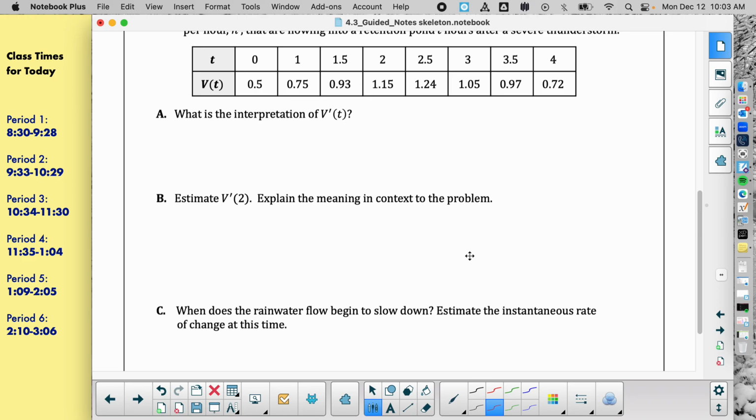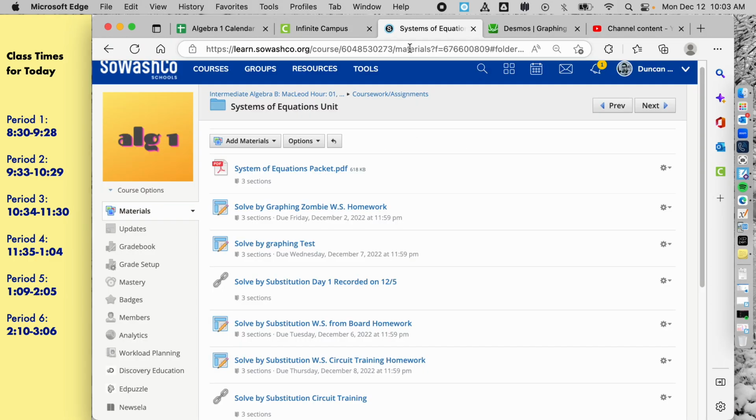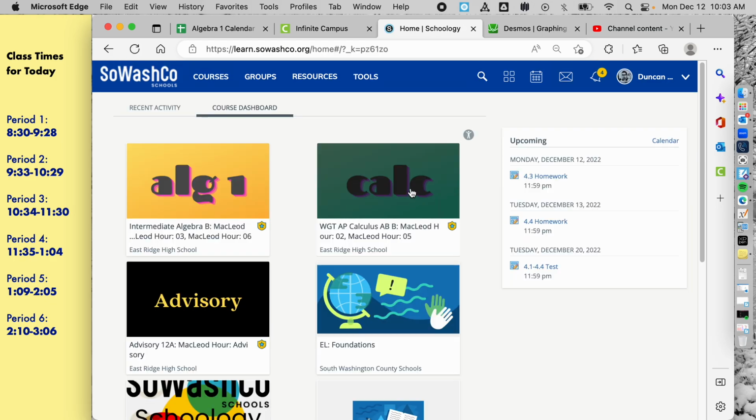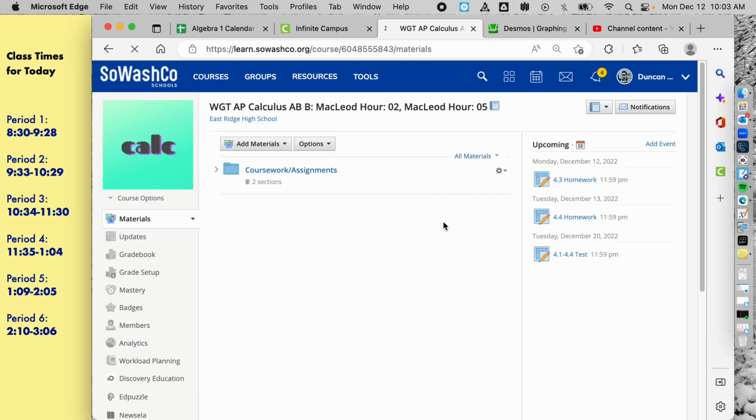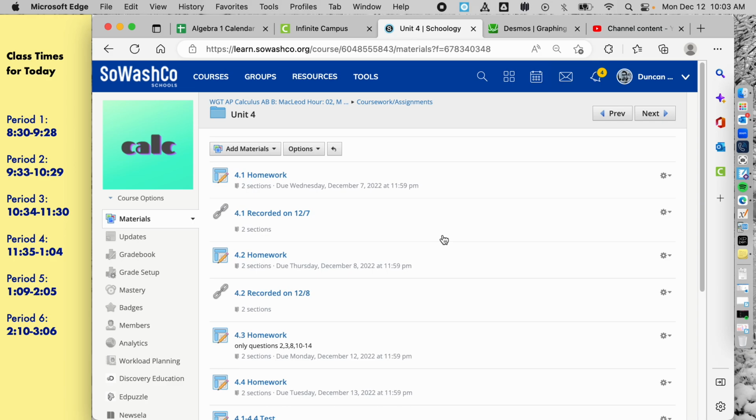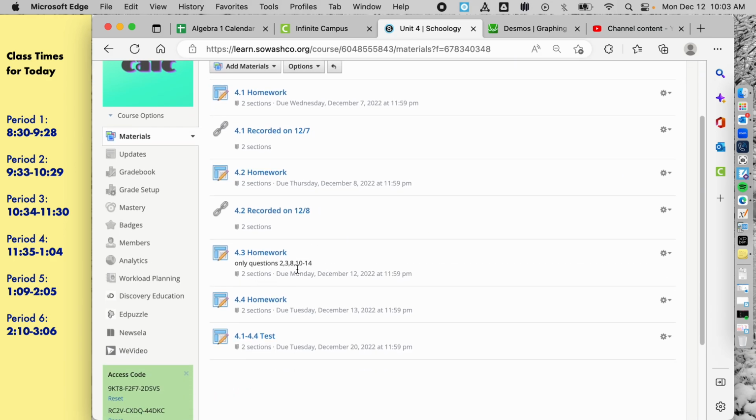Now, when I uploaded the homework in Schoology, I marked on there which problems to do. I can read them off if you want. Problems 2, 3, 8. 2 and 3 is on page 1.